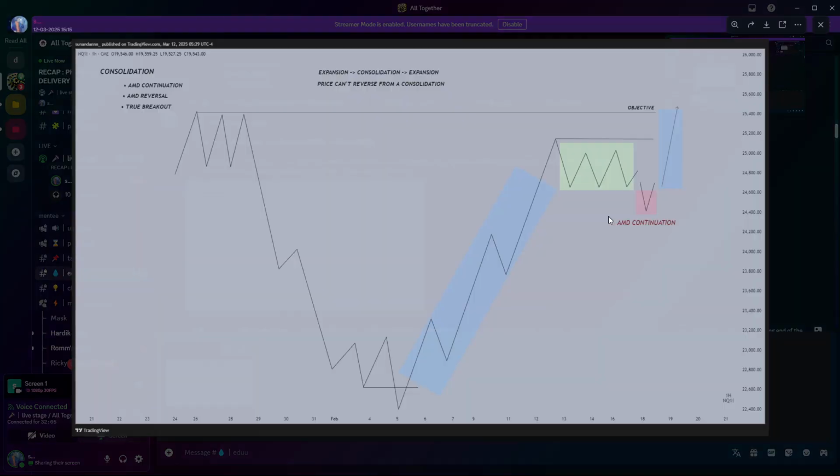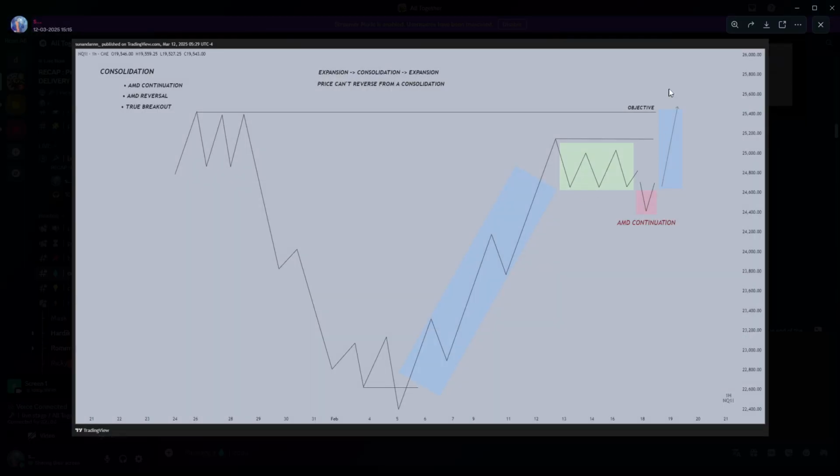Like AMD continuation manipulates range low to then objective, you would then frame this expansion towards the objective. So wait for consolidation to end. Consolidation is a different phase of price other than expansion; you would wait for it to end to then frame the resultant expansion. Avoid the other phase, which is consolidation here, and frame the resultant expansion.